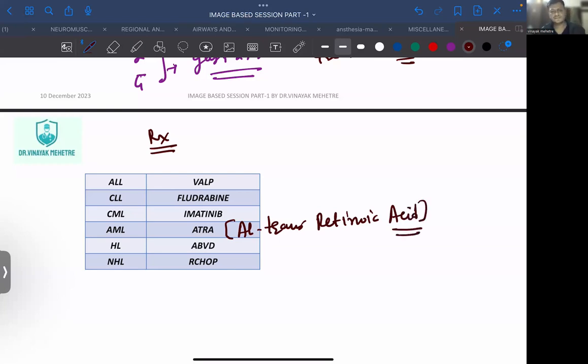These are the drugs which we will use. If gastritis is given, it will be marginal cell lymphoma. This was all the therapies we are going to use to treat all kinds of cancers or lymphoma.